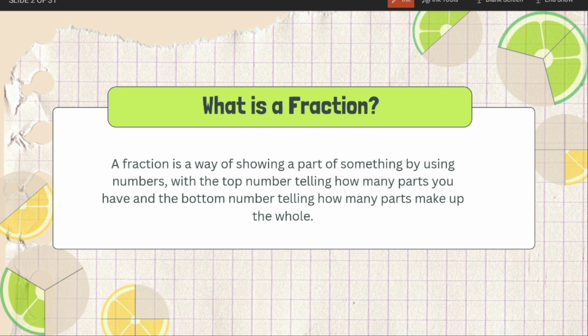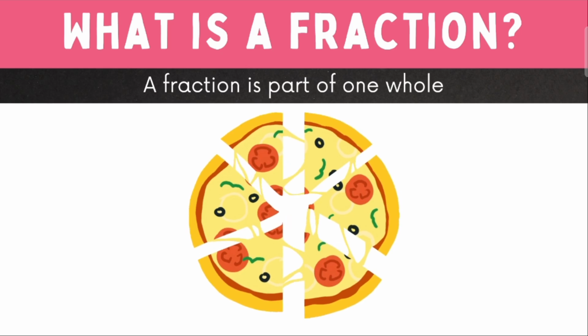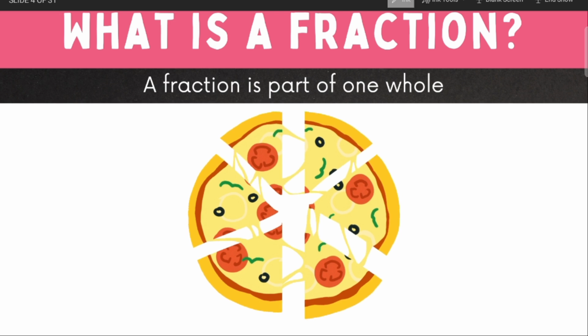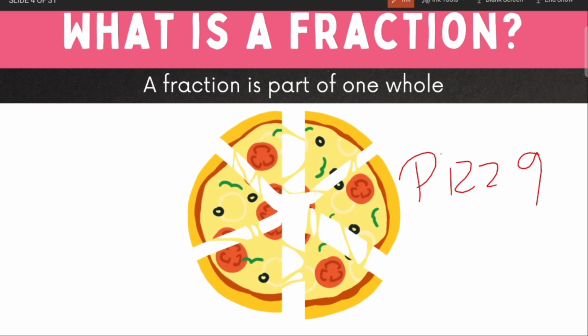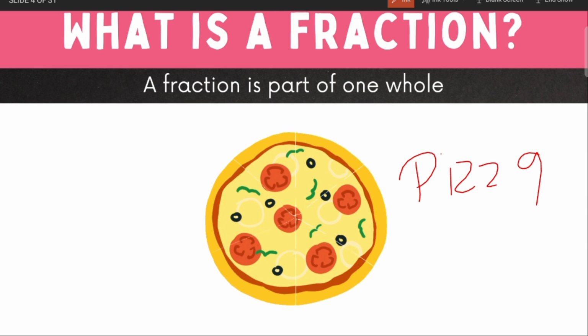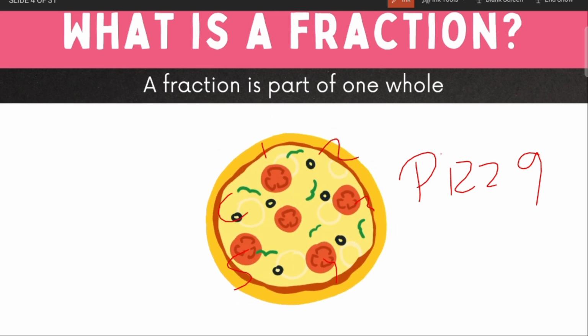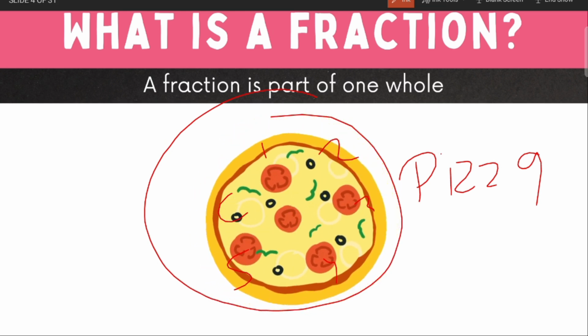So remember, let me show you one thing here. A fraction is a part of the whole. As you can see, I have a pizza over here. Now, as you can see, this pizza is divided into how many parts? 1, 2, 3, 4, 5 and 6 parts. So when this pizza is divided into 6 parts, what do we call this third part?